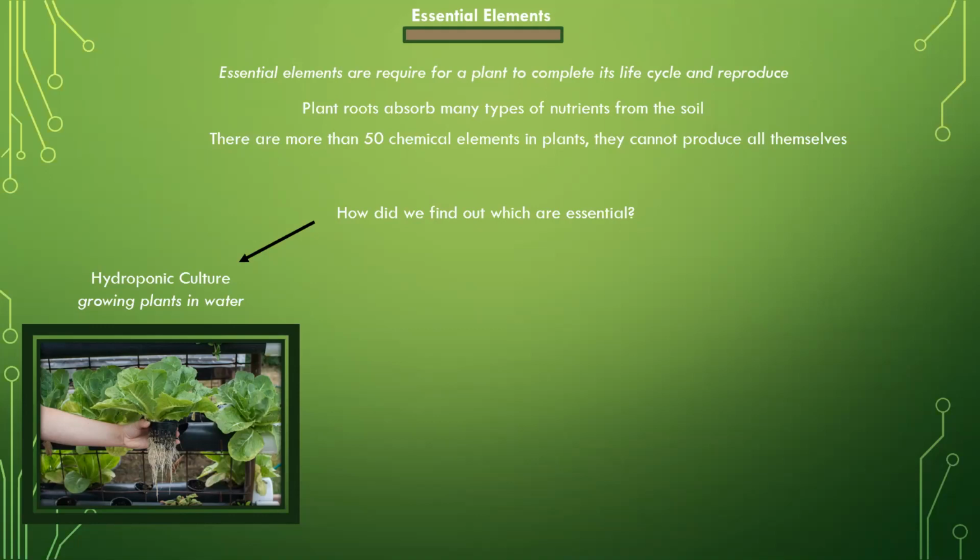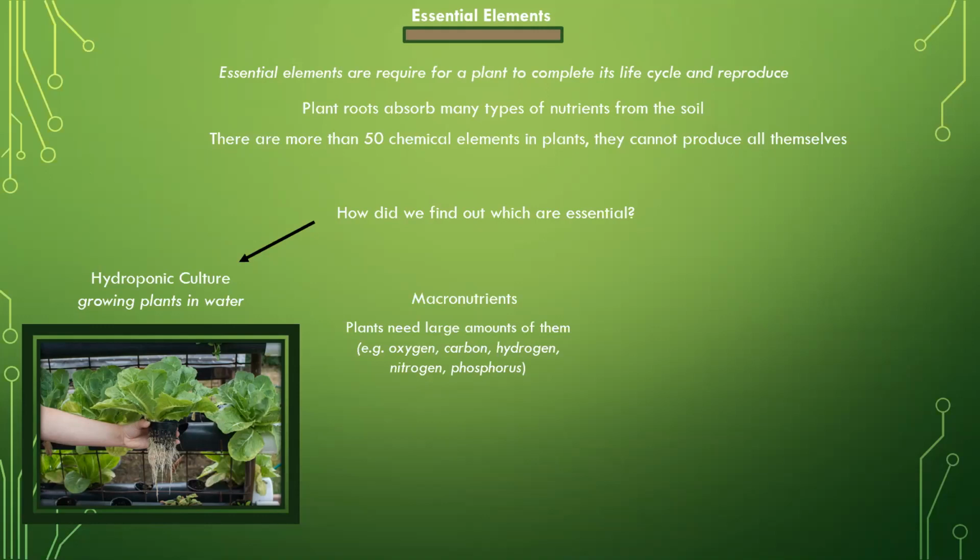But in most natural environments, that water is going to be losing and flowing and probably not providing a constant source of each of these nutrients. By doing hydroponic culturing, we can mix and match what chemicals are in water and see what exactly is necessary for plants to survive.